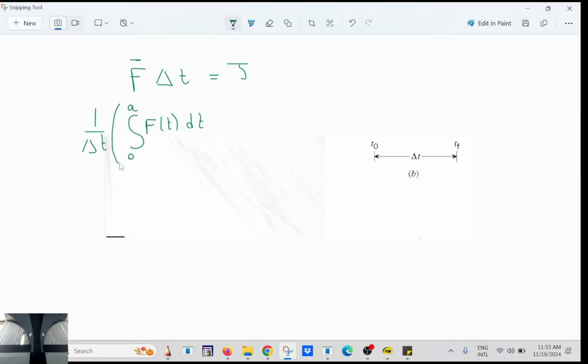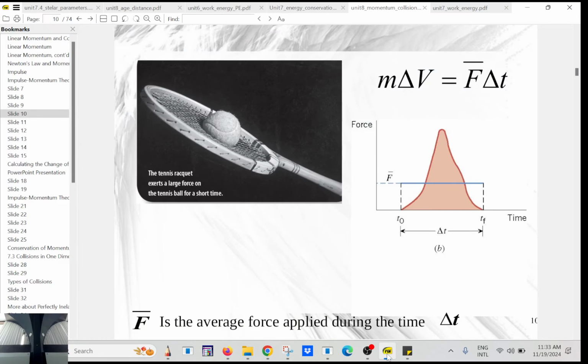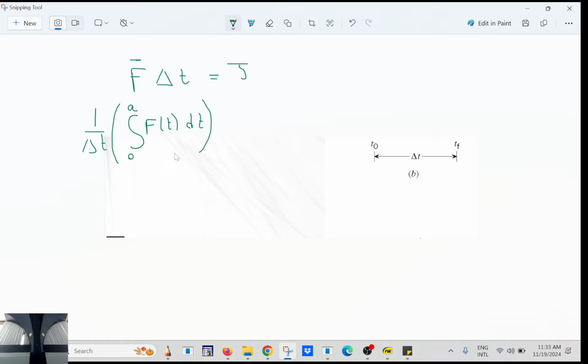That's what you are supposed to do to find the integral under that curve. So that will be the real definition. And then you multiply by delta t equals J.